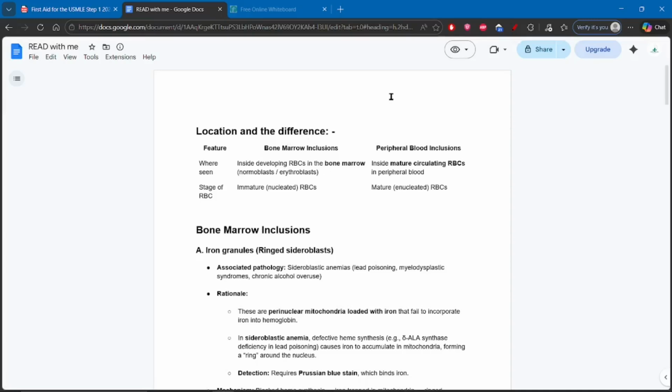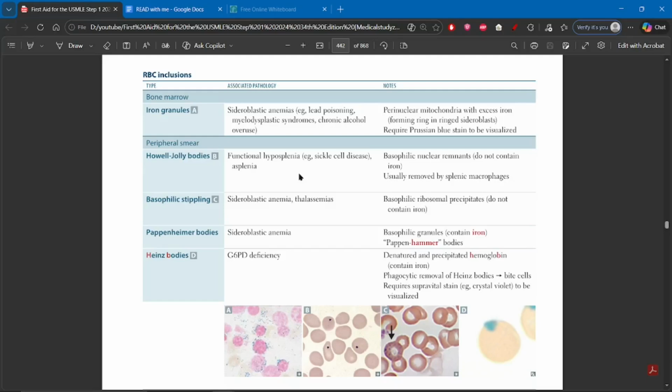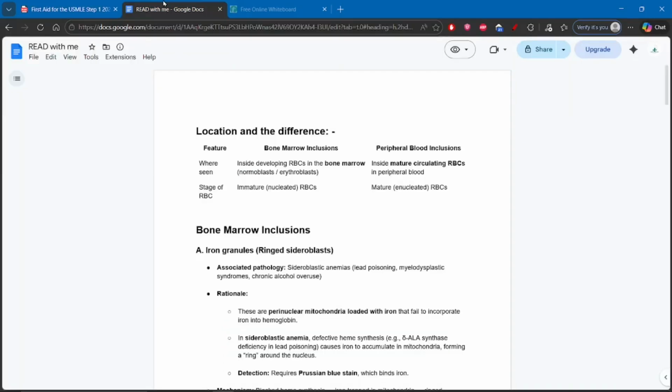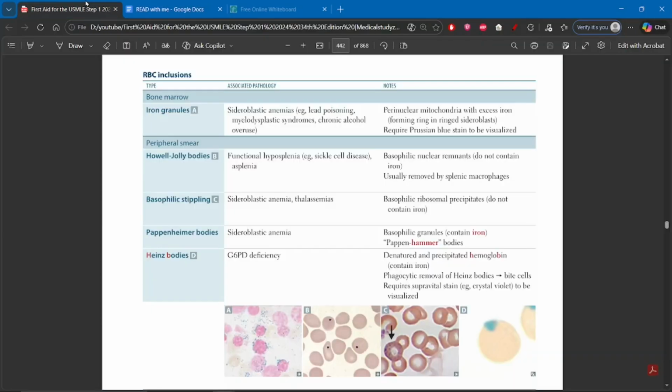The basic difference between a mature and immature RBC is that immature RBCs are nucleated and they might have some nuclear remnants, and mature RBCs are enucleated, which means that they have no nucleus, right?